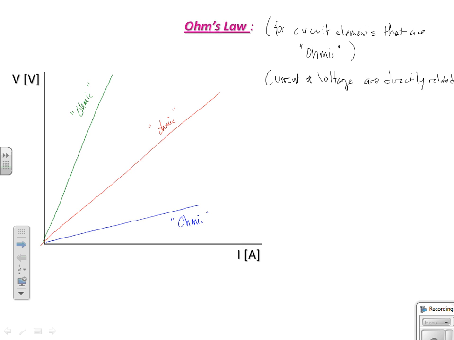Well, to get this much current in any of these devices, you'd need this much voltage for that one, this much voltage for the red one, and that much voltage for the green one. So you need different amounts of voltage to get the same amount of current in different devices, even though they're all what we call ohmic.